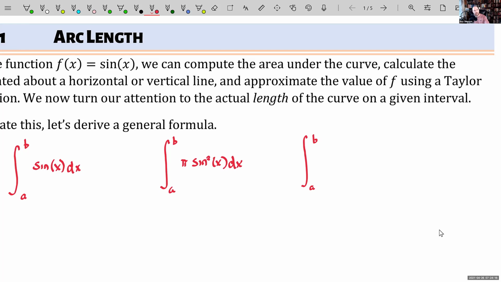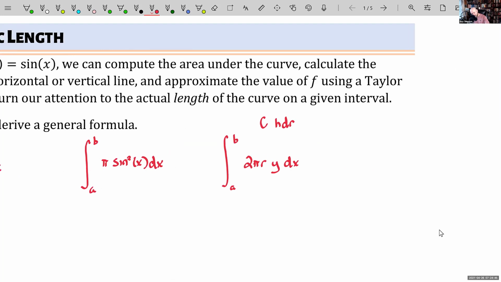Remember, it's circumference, height, and width. So it's 2 pi r times the height times dx. That would equal the integral from a to b of 2 pi, the radius to the axis of rotation being x, times sine of x dx.